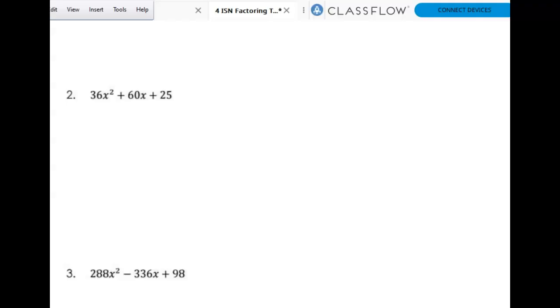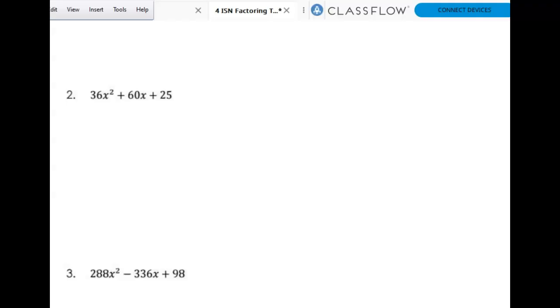So before I start this one, is there a greatest common factor? I don't see one. So 36 is a perfect square. 25 is a perfect square. And y'all, you will know this is happening. Look, in your head, can you take 36 times 25? It's going to be a big number, right?